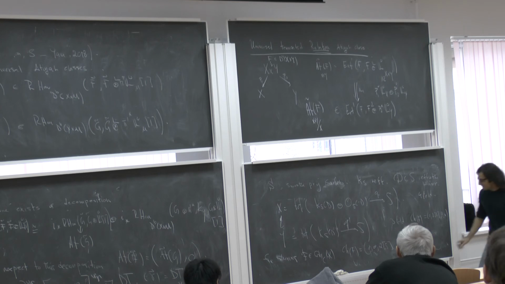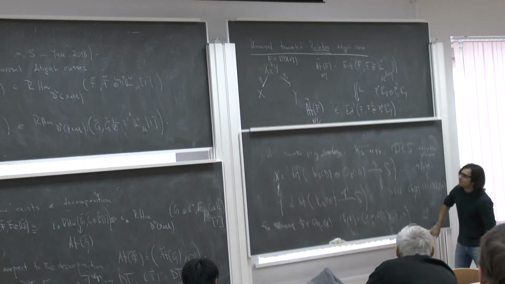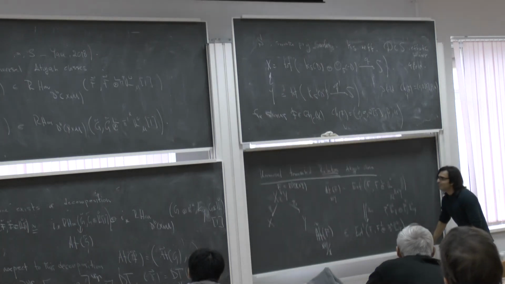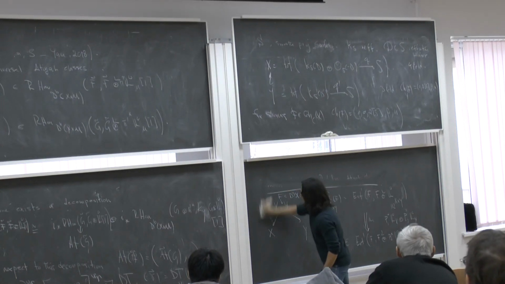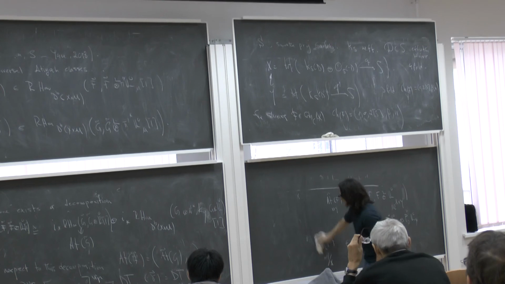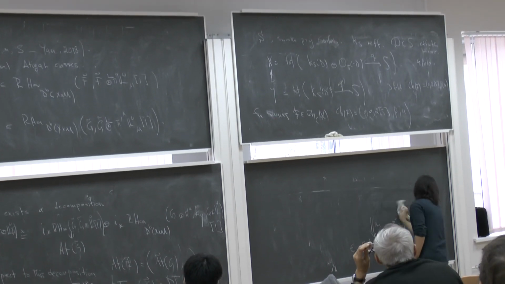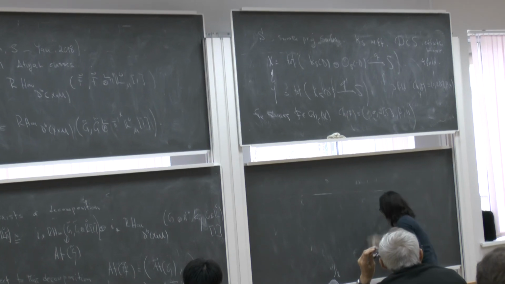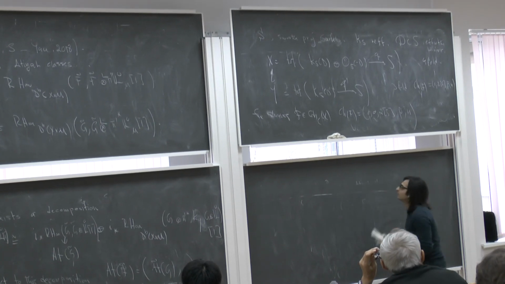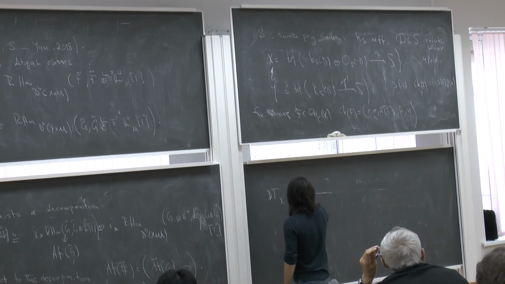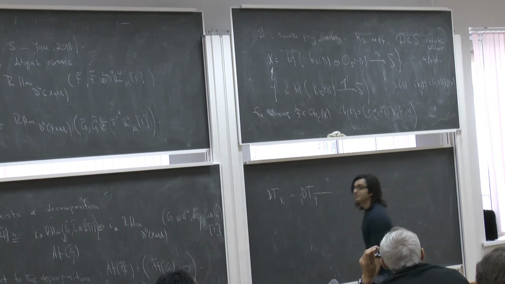And what we are proving is that invariants of these sheaves on the fourfold is the same as their invariants on the threefold. Okay. So we are showing that DT invariants of X is equal to DT invariants of Y.